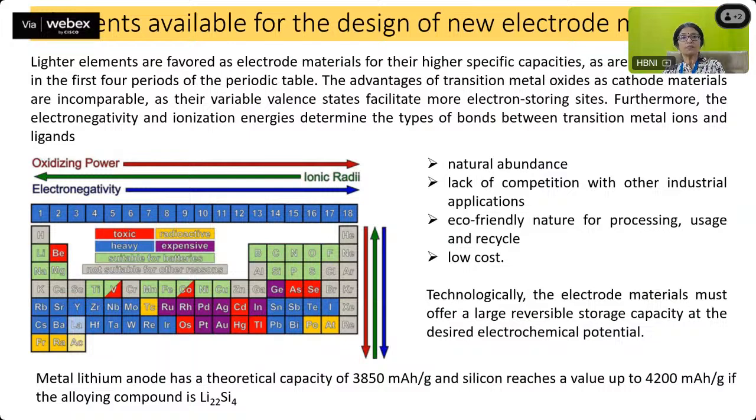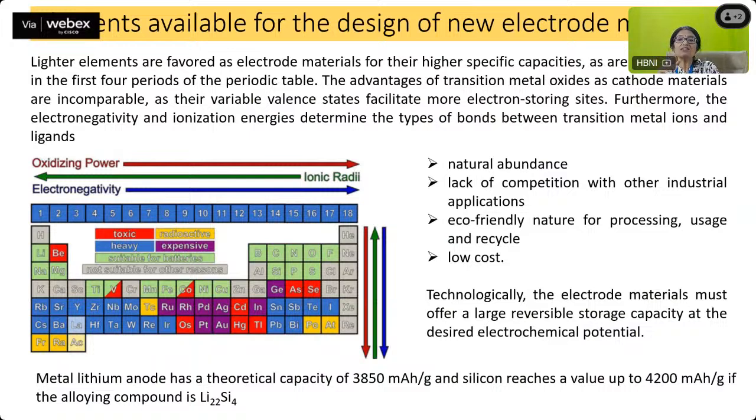In case of lithium metal as anode, it is 3,850 because of the kind of alloying power it has, whereas in silicon it is 4,200 because the alloying compound which is forming is Li22Si4. So 22 lithium atoms are getting encapsulated within 4 silicon atoms.